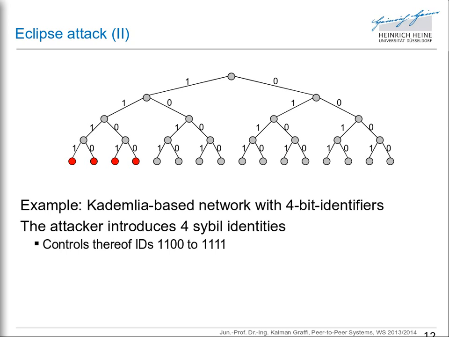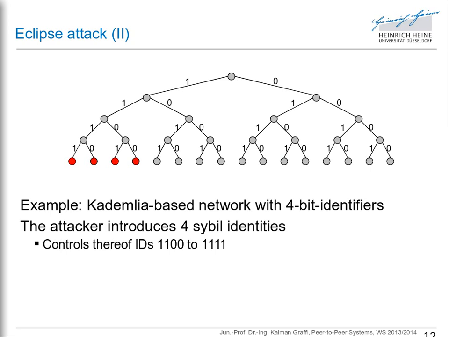Here we have a small example with Kademlia again, and again with 4-bit identifiers and 4 Sybil identities. In this example, the Sybil identities control all IDs starting with 11 and can therefore delete or modify these objects. Another example, not Kademlia: imagine a CAN overlay.